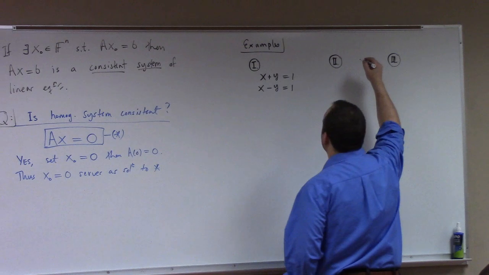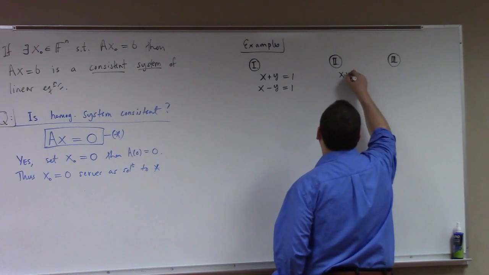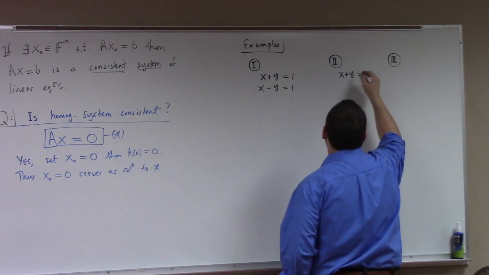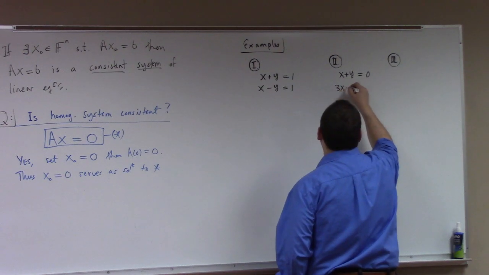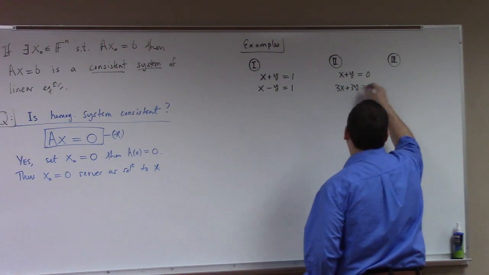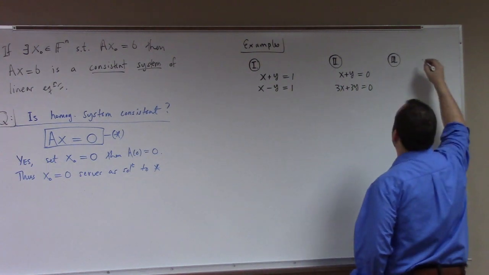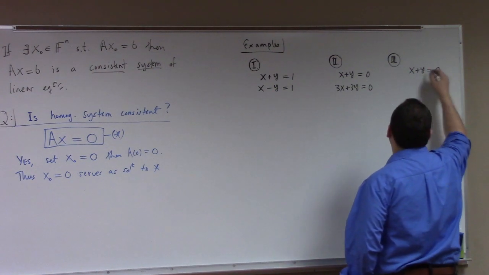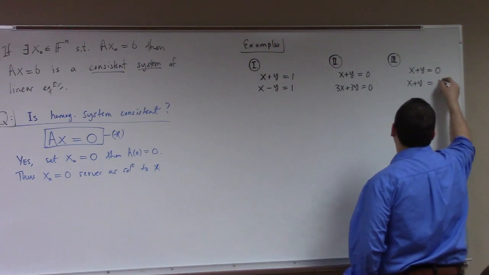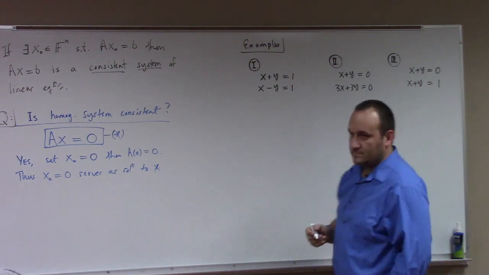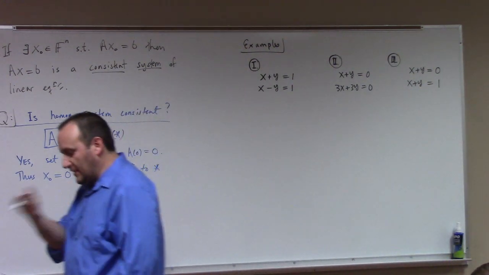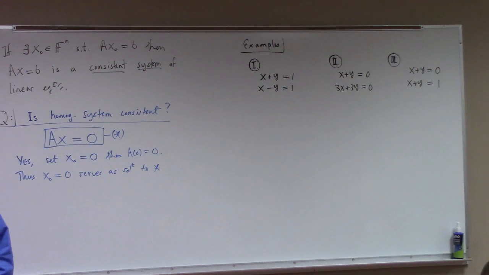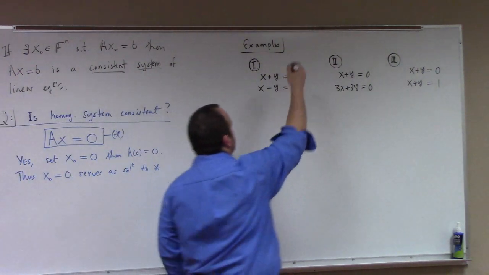Example 2, I'll do x plus y equals 0 and then 3x plus 3y equals 0. And then finally, example 3 will be x plus y equals 0 and x plus y equals 1. I'm looking at these examples all over the real numbers, okay? So let's keep it real.